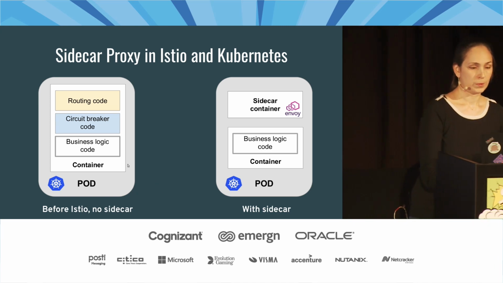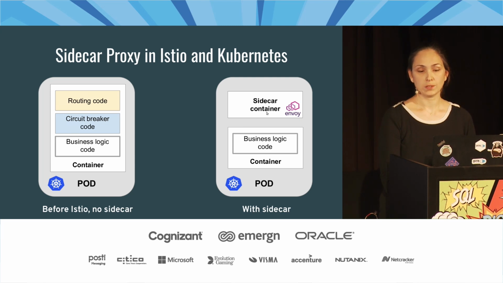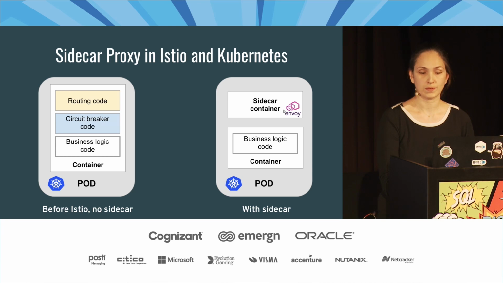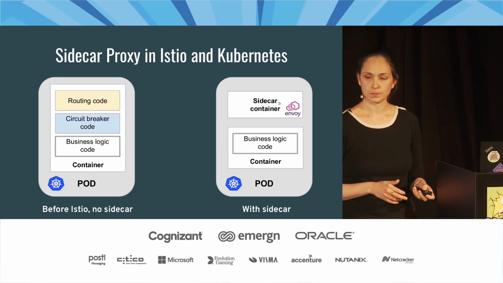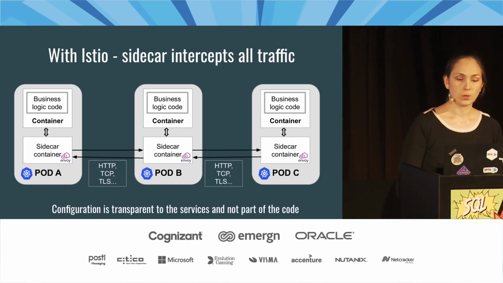So now, before Istio, this is the structure of a microservice in Kubernetes. And with the sidecar, now we gain this structure. We have our business logic code, nice and clean, and then next to it, there's the Envoy proxy. And this is how the communication is going to work now.